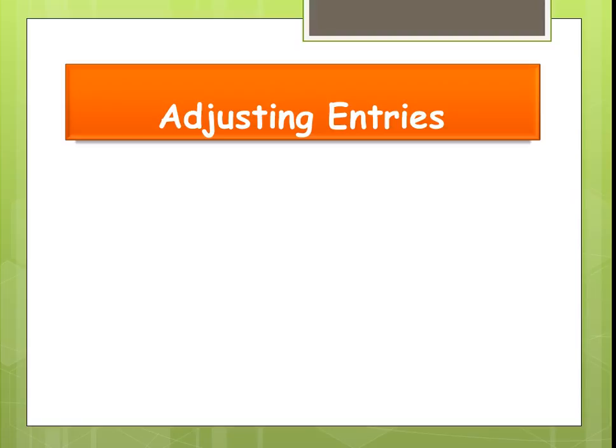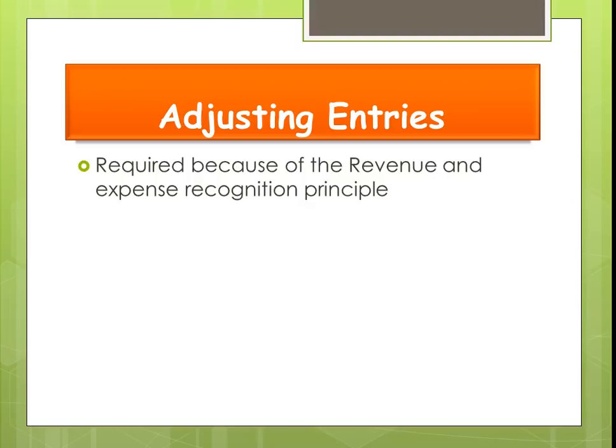The next thing we can do is prepare adjusting entries. These are required because of the revenue and expense recognition principle. They never involve cash. There are three types. Deferrals. These are assets or liabilities that are already on the books, and if they're assets, we've consumed them.